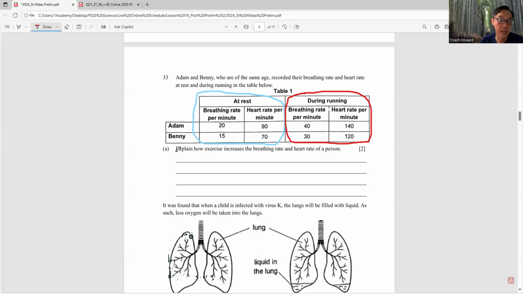Okay, next, explain how exercise increases the breathing rate and heart rate of a person. So this tests the child's understanding of during exercise, more oxygen is needed and more digested food is also needed. So the heart needs to pump faster to deliver the oxygen and digested food to the cells of the person.